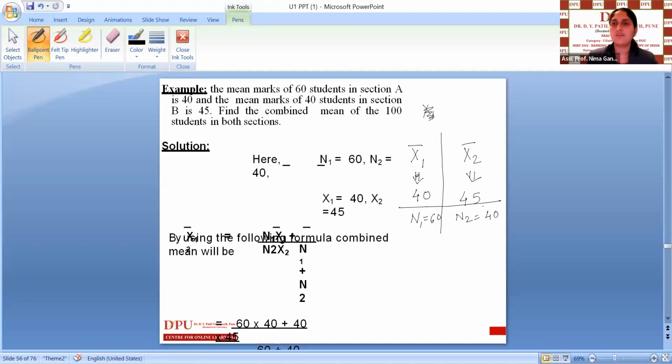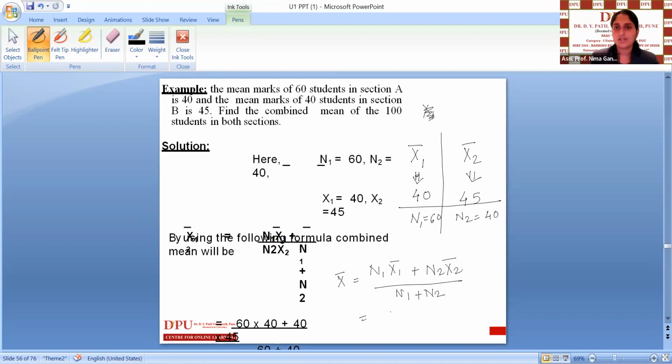And if you want to find out the combined mean for the 100 students, how do you do it? Simple way, you're finding x bar, that is n1 x1 bar plus n2 x2 bar divided by n1 plus n2.